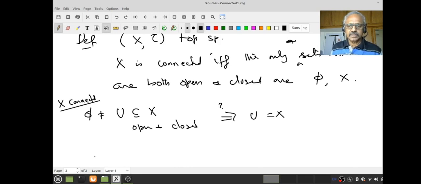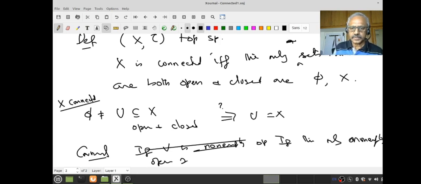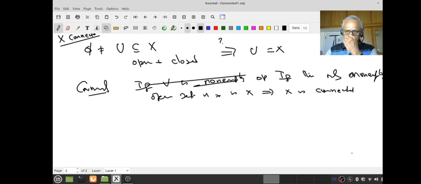That is, conversely, what is the converse? If the only non-empty open set in X is X itself, that means X is connected, right?